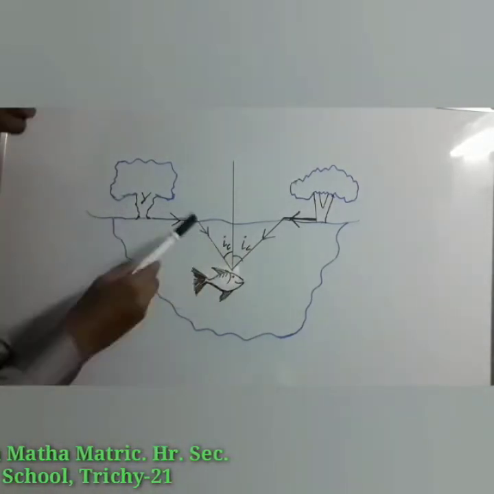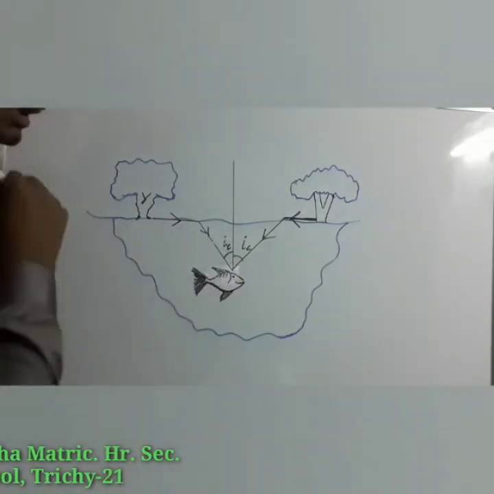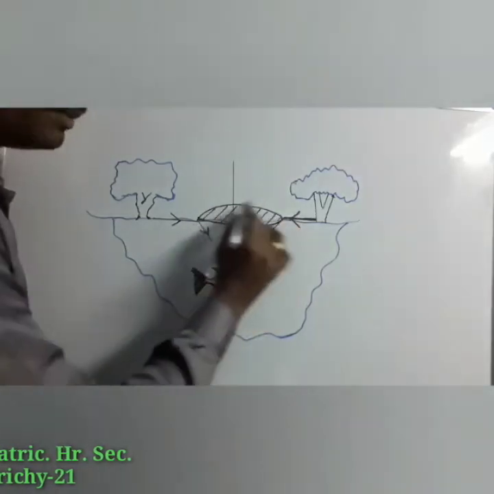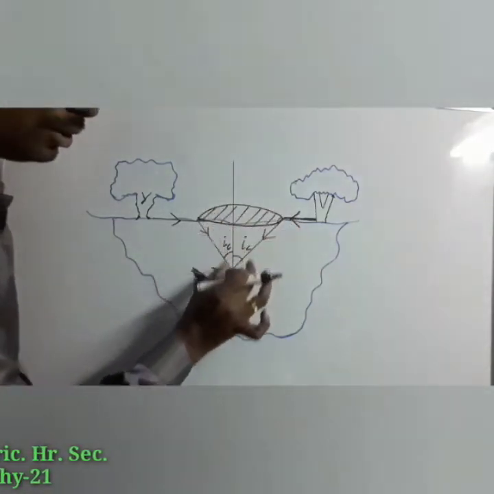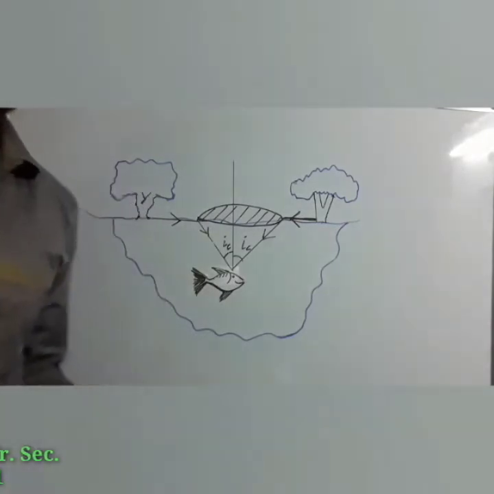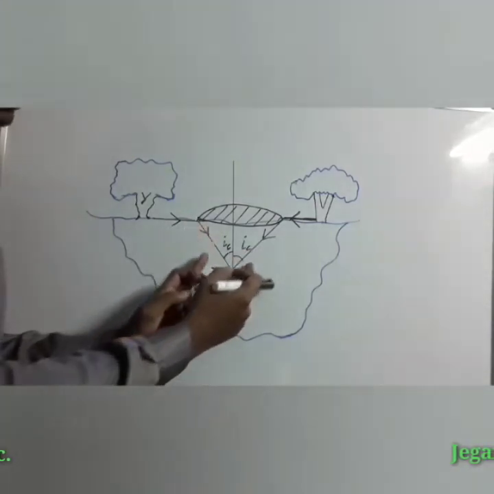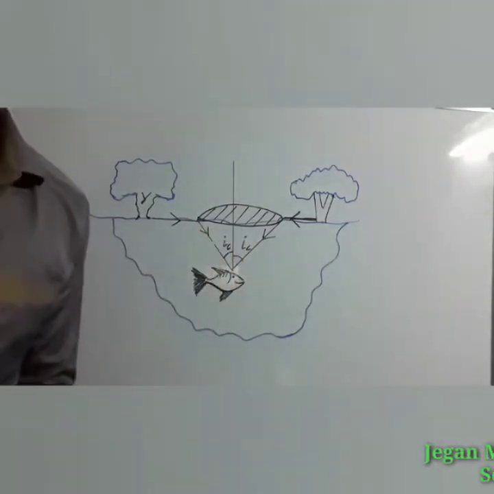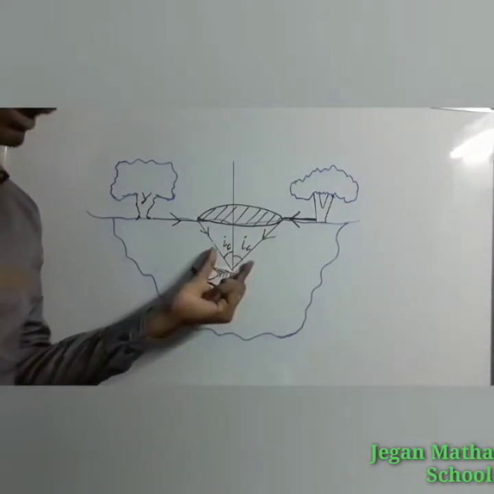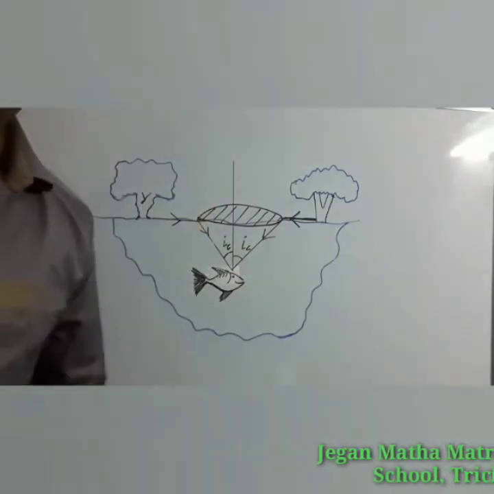Likewise, the rays which make an angle less than the critical angle will be visible to this fish. At the surface of the water we get the illuminated circular area which is visible to the water animals. So we can conclude the angle of view for the water animal is restricted to twice the critical angle, so IC plus IC, that is 2IC. Within that angle only the water animals can see objects outside of the water.